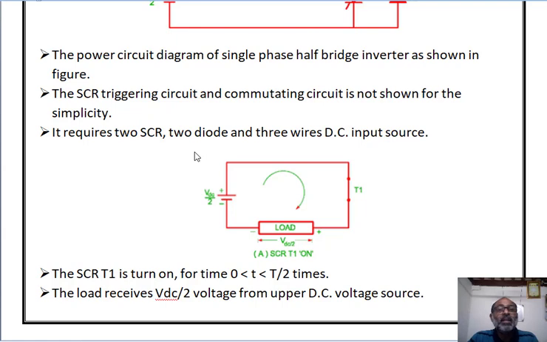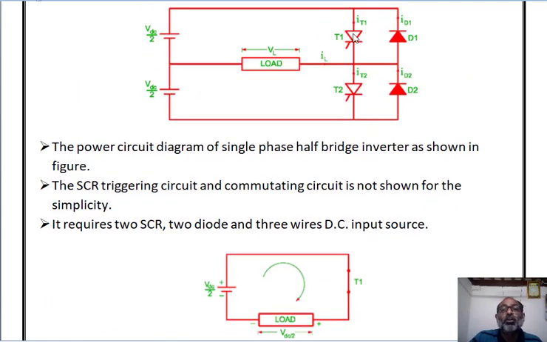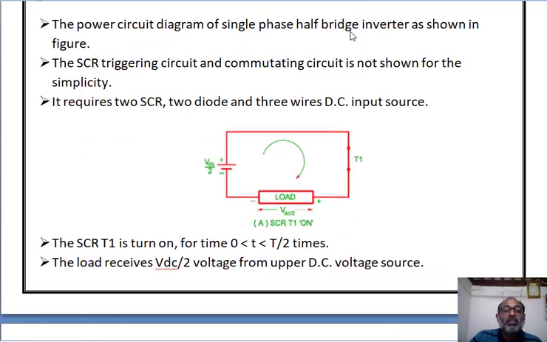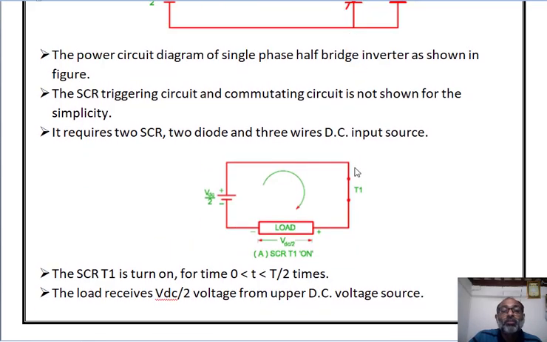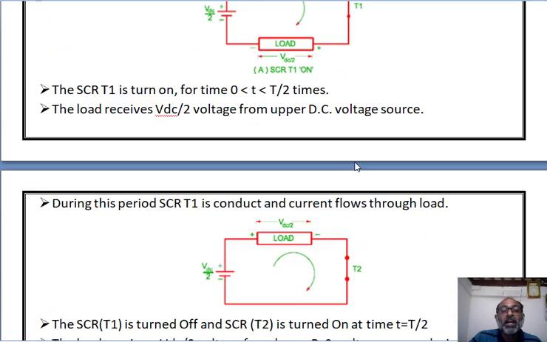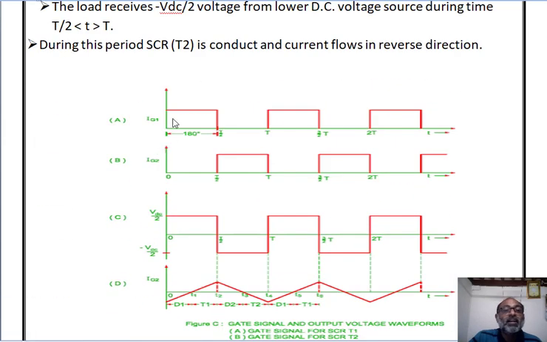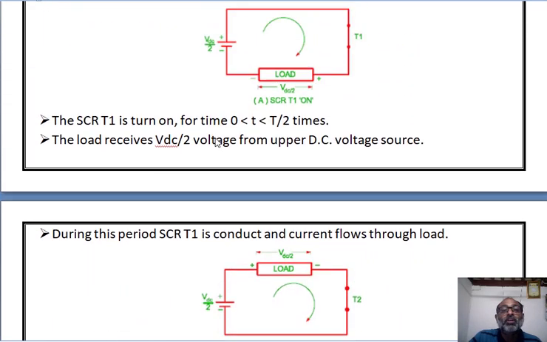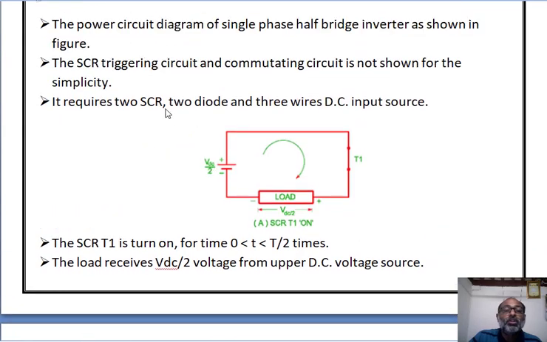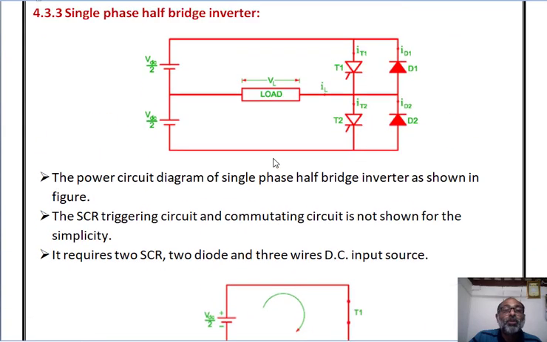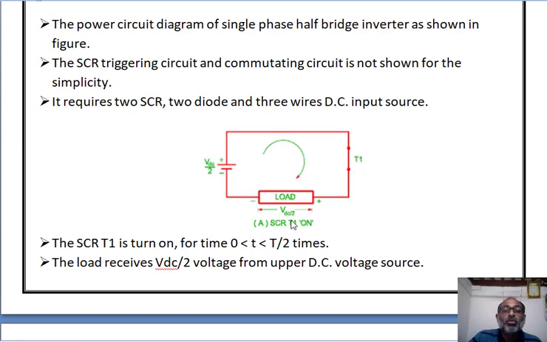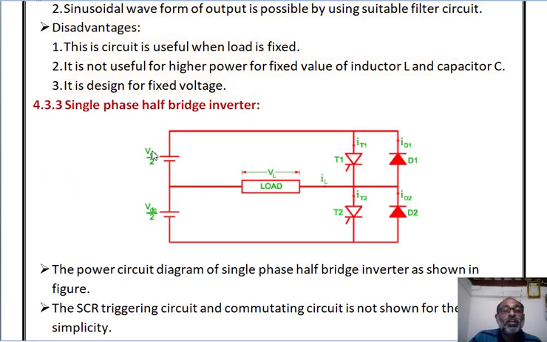Now when the SCR T1 is turned on by applying the proper gate pulse, what will happen? It is turned on for the 0 to T by 2 time. Here you can see SCR T1 is triggered for T by 2, that means 180 degree. So the load receives VDC by 2 voltage from the upper DC voltage source.